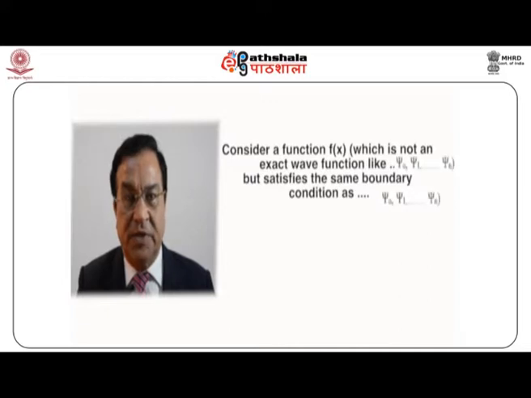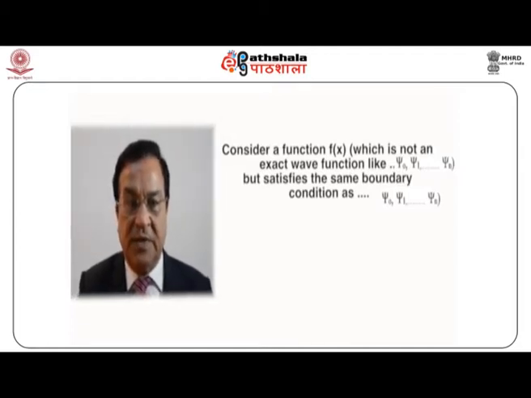Consider a function f(x), and suppose that this function is not an exact wave function like psi 0, psi 1 up to psi n, but this function f(x) satisfies the same boundary conditions as psi 0, psi 1 up to psi n.